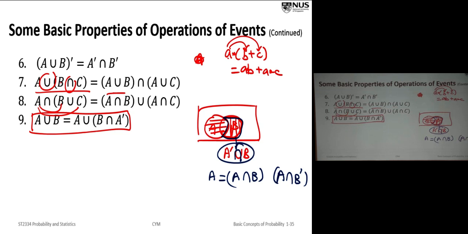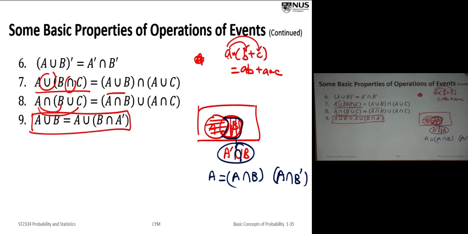The two events, the two sets on the right hand side, are they mutually exclusive? Think of it. One is A common to B. The other is A common to B complement. Is there anything common to B and B complement? No. There is no overlapping between the two. So therefore, these two events are mutually exclusive.